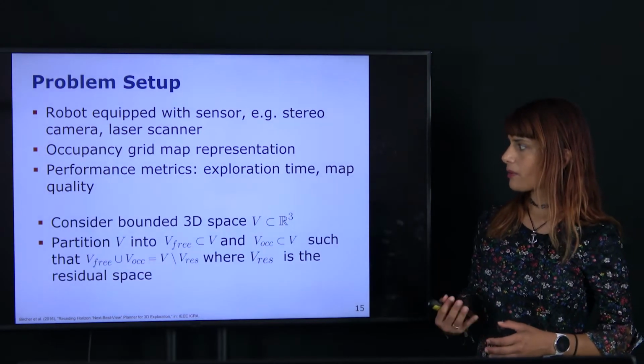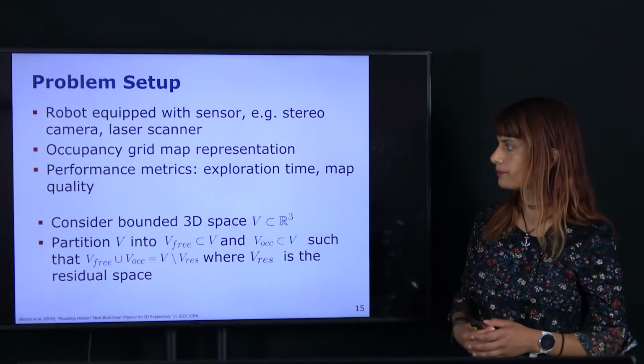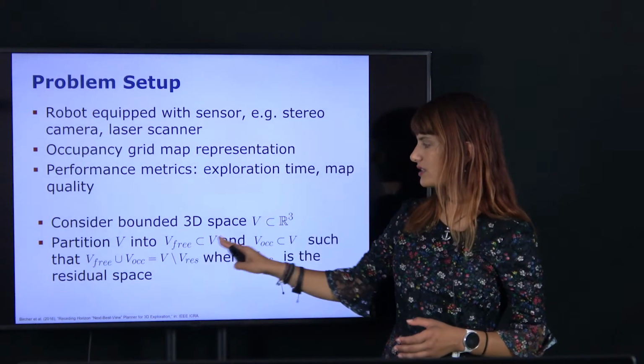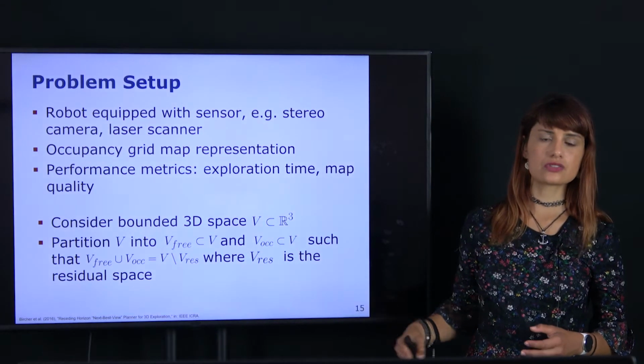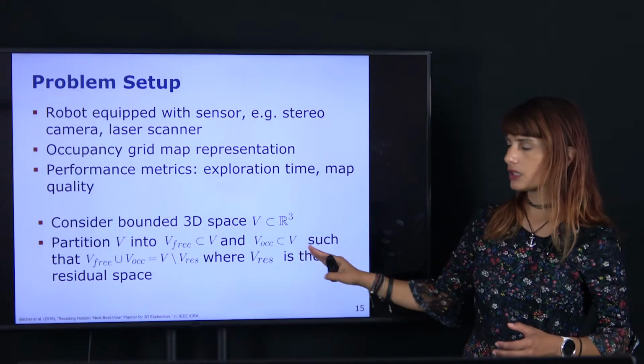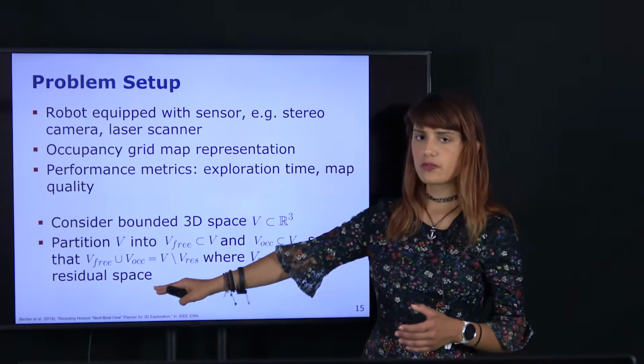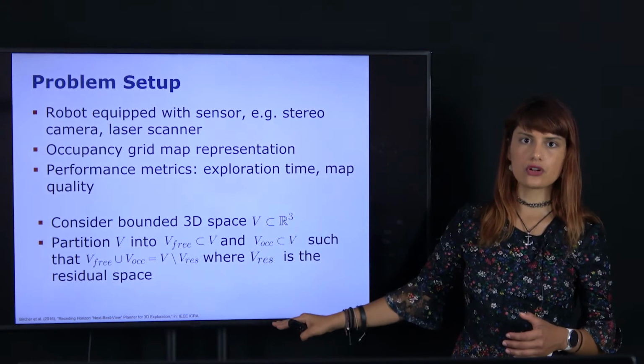Mathematically, in terms of the map, we can formulate the exploration problem in such a way. So if we have a bounded 3D space, we can partition it into subvolumes of free space and occupied space. And now the union of free and occupied space is nothing but the total volume minus any residual volume.